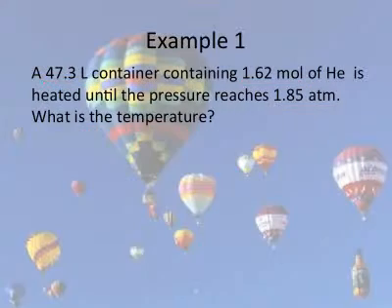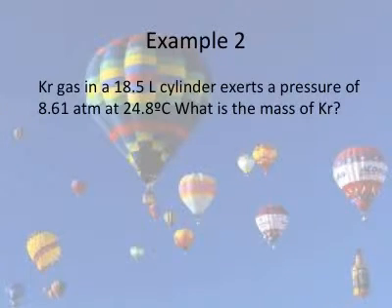So let's do example number 2. Krypton gas in a 18.5 liter cylinder exerts a pressure of 8.61 atmospheres at 24.8 degrees Celsius. What is the mass of krypton? We see Celsius, and we know that we have to be in Kelvin.